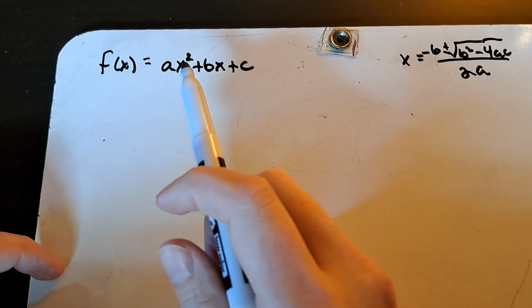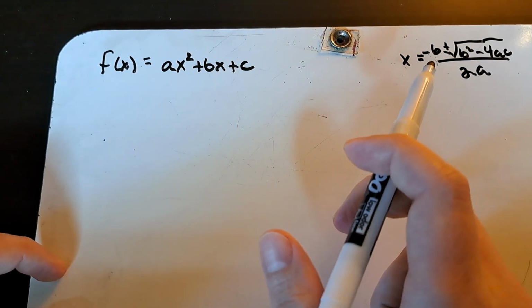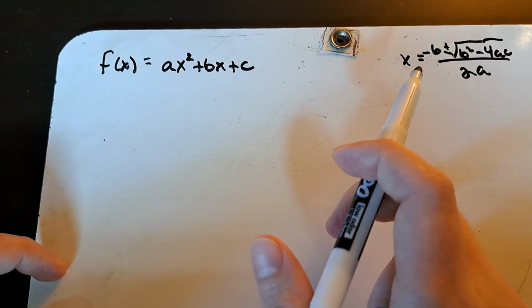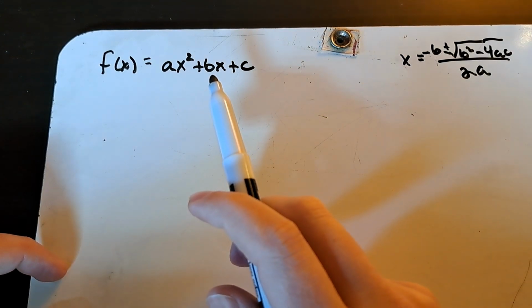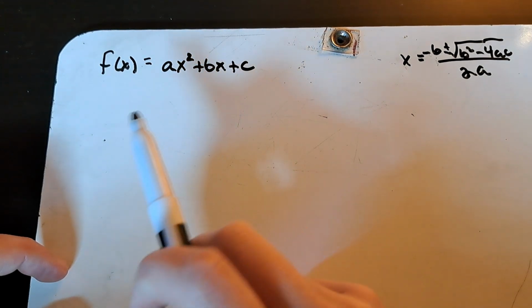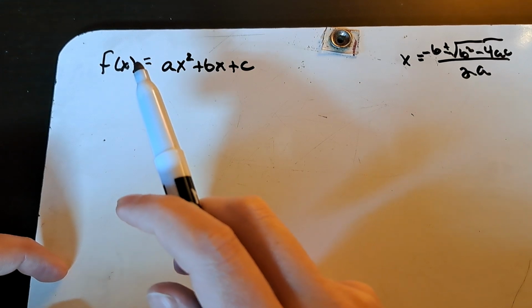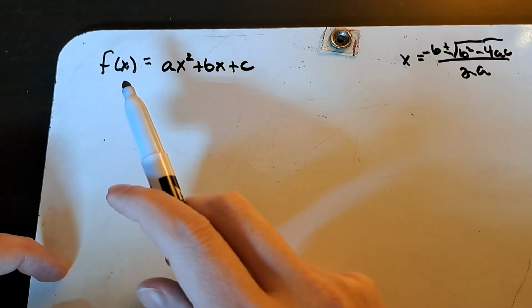Well, in order to get our quadratic formula, remember that what we're trying to do is find the x-intercepts of the function. The x-intercept, for any type of function, is defined as the value of x when the output is equal to 0.